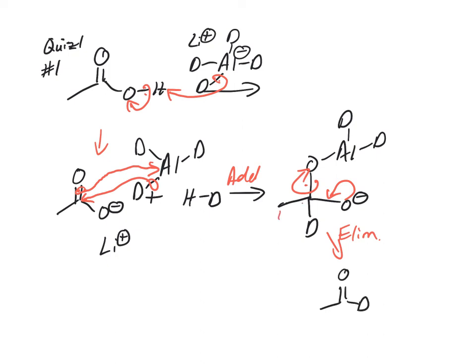So a 1,2, 1,2, just to see where we're at. So this is essentially like an aldehyde, right? And the other thing we made was the O-aluminum bond. So far, so good.